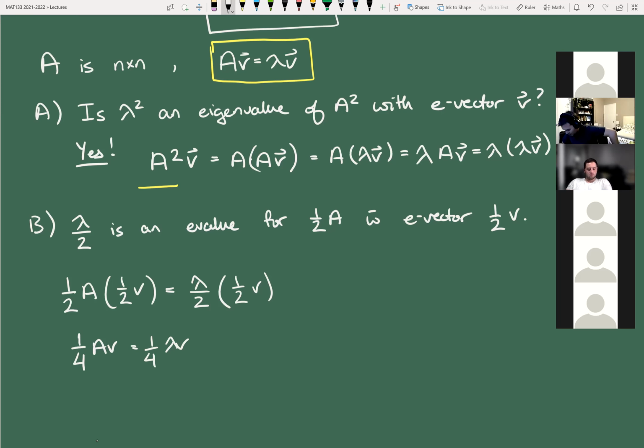Yeah, that's weird. That shouldn't have worked. Or did it work? I mean, the math says it works, right? Did I do something wrong? Because this is true, right? If AV is equal to lambda V, and I multiply both sides by 1/4, that is true.